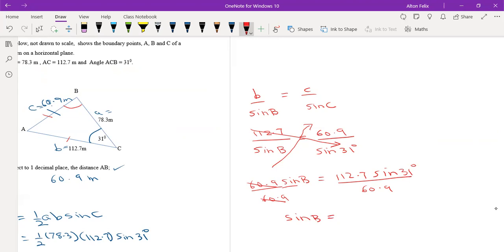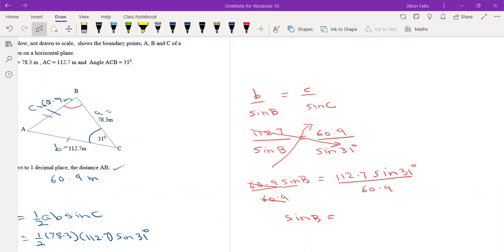112.7 multiplied by sine 31 divided by 60.9. So we're going to work out sine 31 first. Let's clear this. Sine 31. Right, that is 0.515.